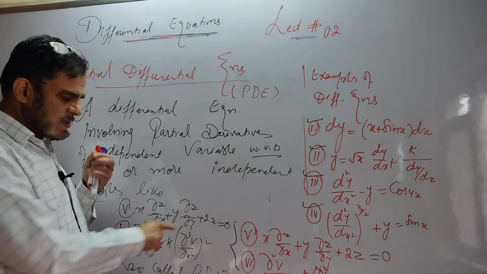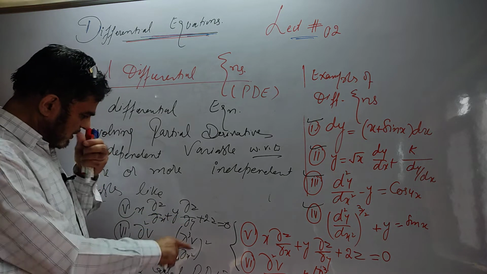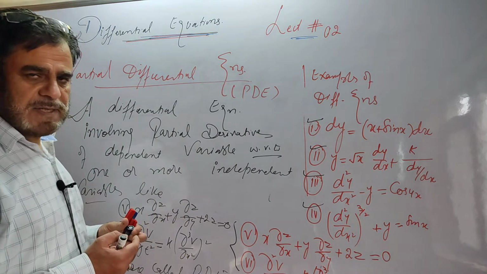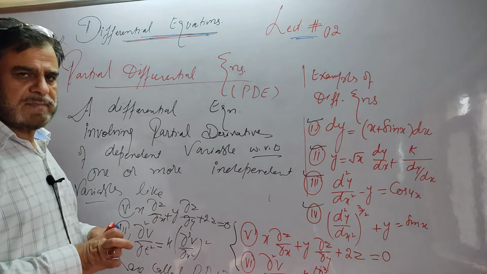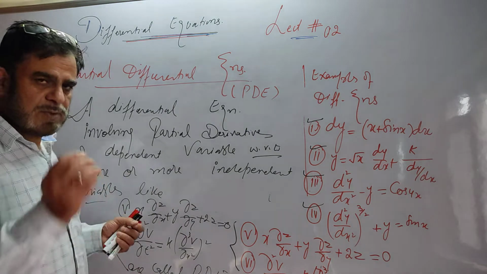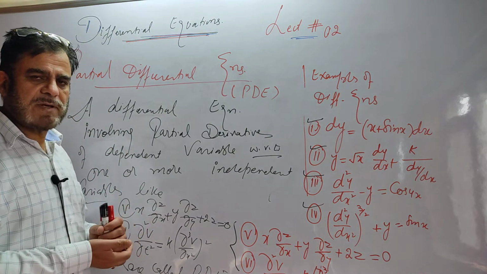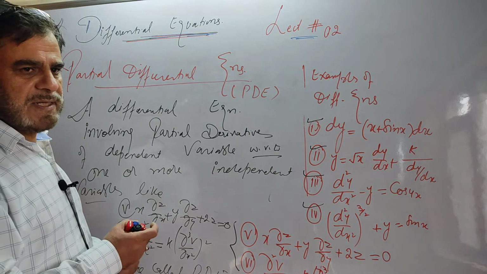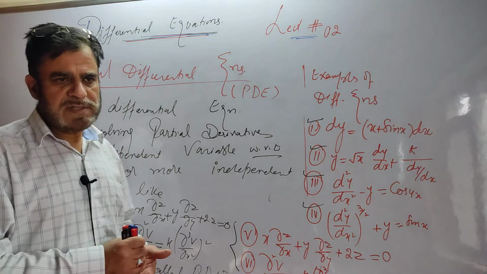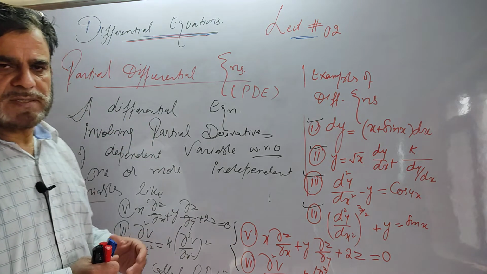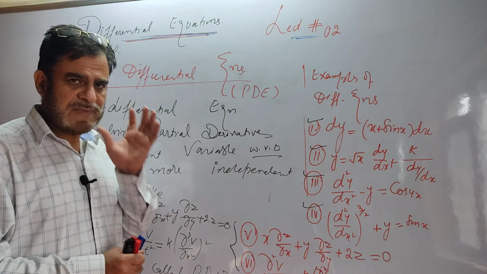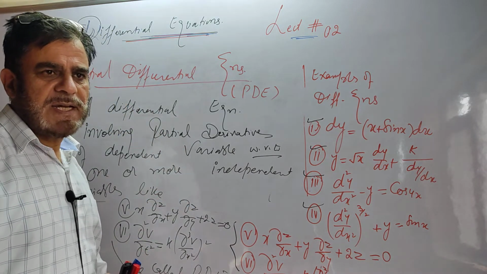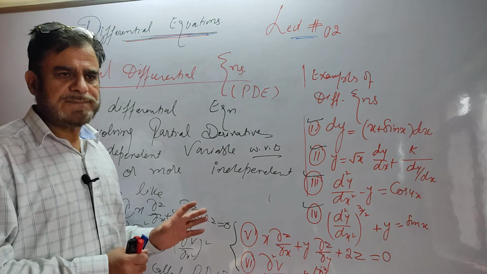One is with respect to x, one with respect to y; here with respect to t and with respect to x. In some cases we may have even more than one dependent variable, and more than one independent variable. You can see such equations, like the heat equation and wave equation, in future classes when we go to the advanced part of differential equations.